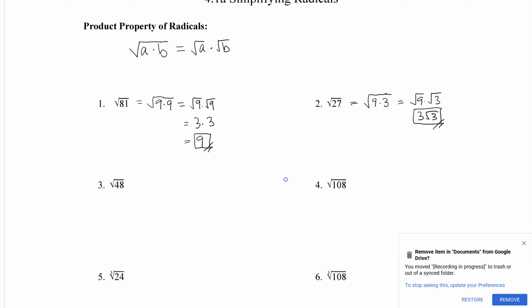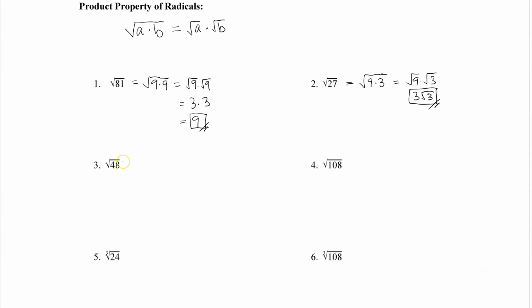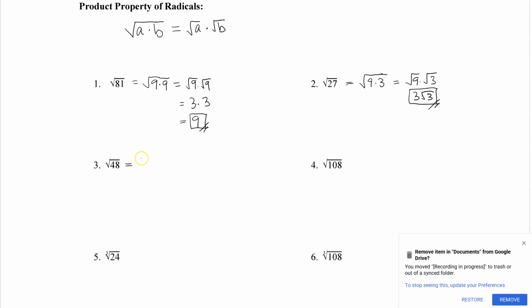All right, let's look at number 48. So with some of these, it's good to practice what we have talked about a little bit in class about finding the prime factorization. So 48, I start with the smallest prime factor, which is 2. And if 48 is even, which it is, then it's divisible by 2. And 2 times 24 would be 48.